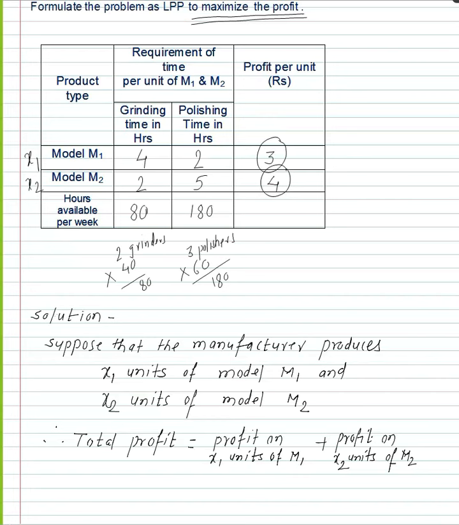Now look at the table. Profit on 1 unit of model M1 is rupees 3. Therefore, profit on x1 units will be 3 into x1. Profit on 1 unit of model M2 is 4 rupees. Therefore, profit on x2 units will be 4 into x2.